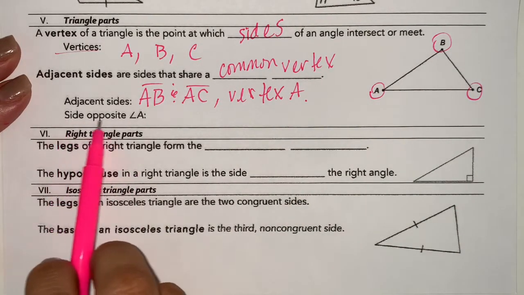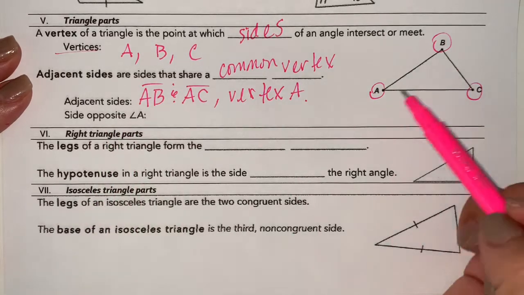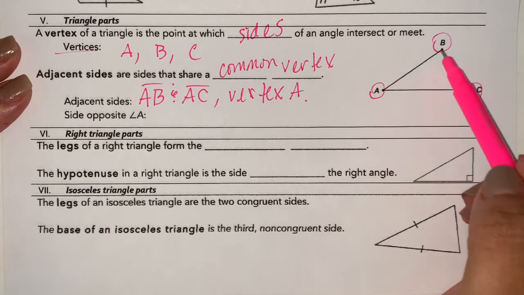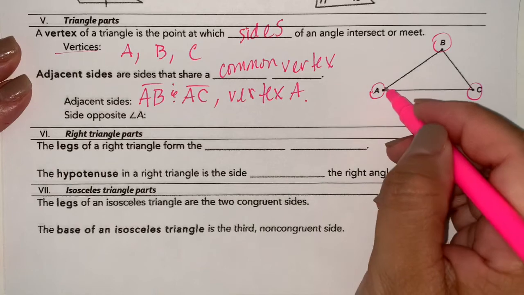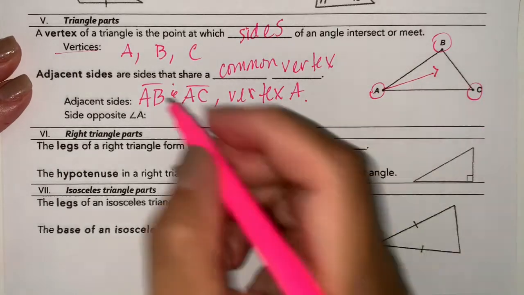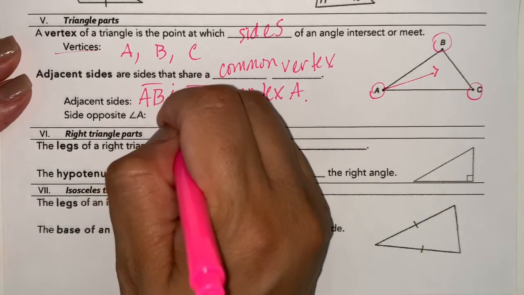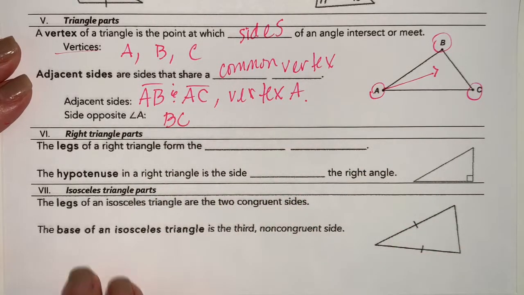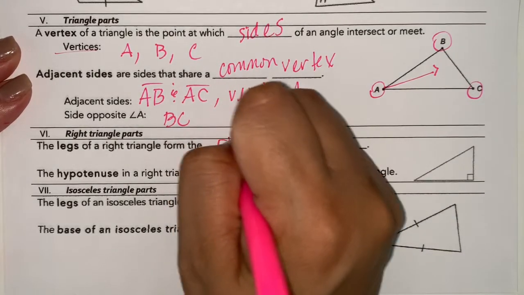Next, opposite of angle A is going to be segment BC. So it's directly across. That means opposite. The parts of a right triangle: the legs of a right triangle form a right angle.